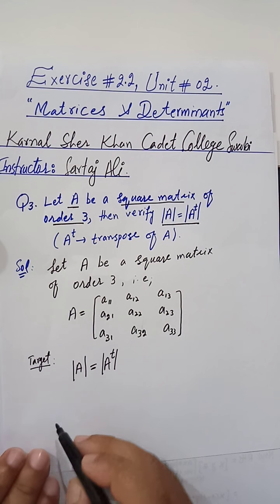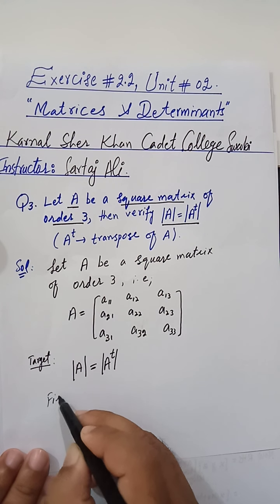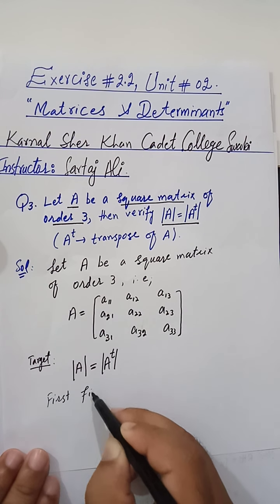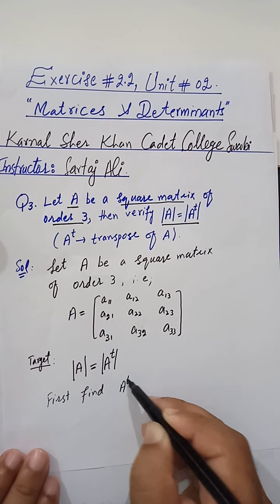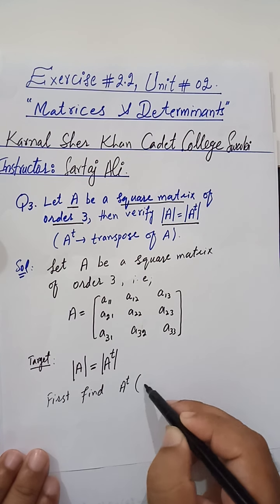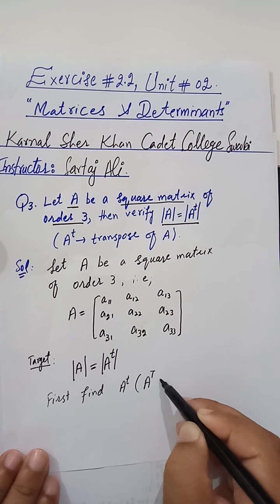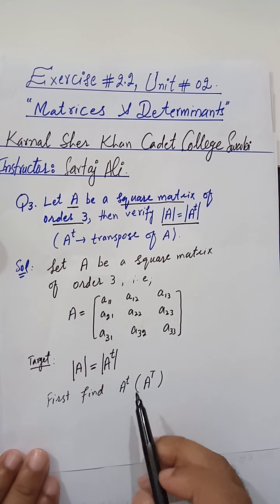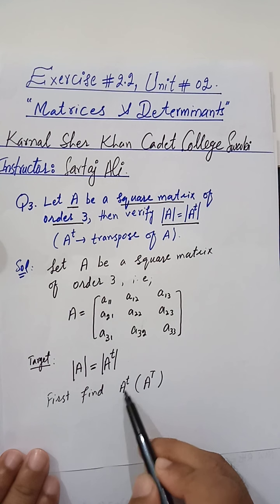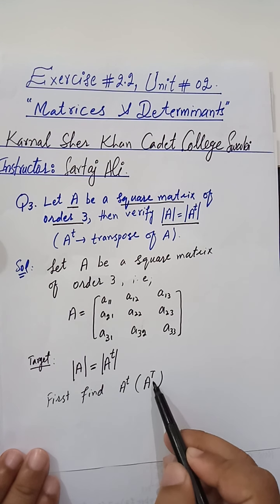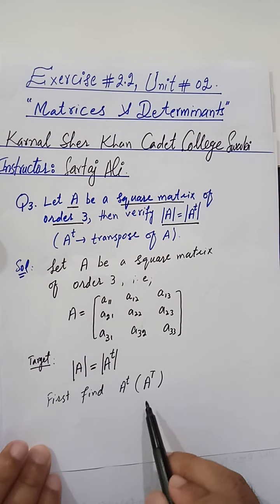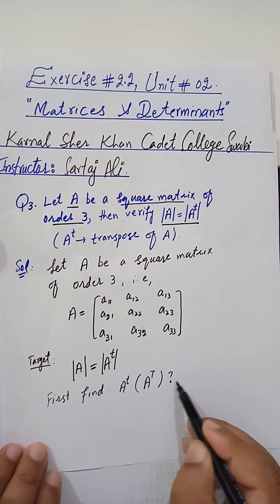So therefore first find A transpose. Sometimes this transpose is also denoted by capital T. So sometimes we use A power small t or A power capital T. Both are the representation for the transpose. So this is our first target.